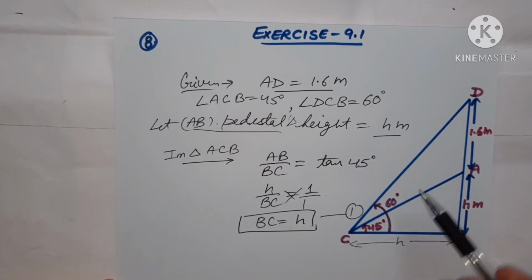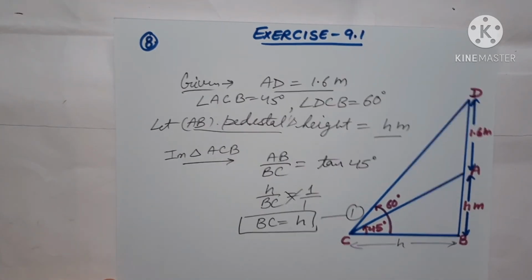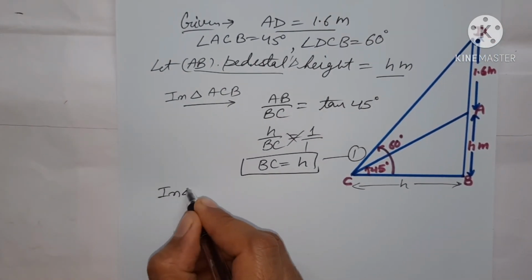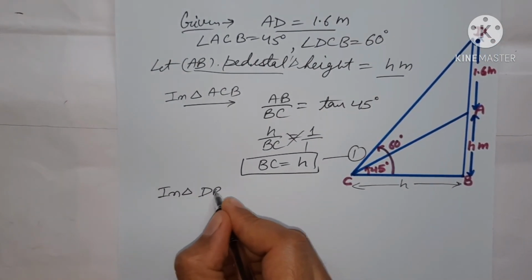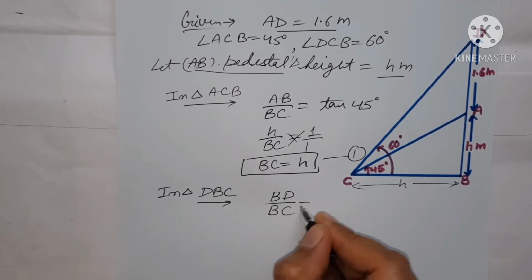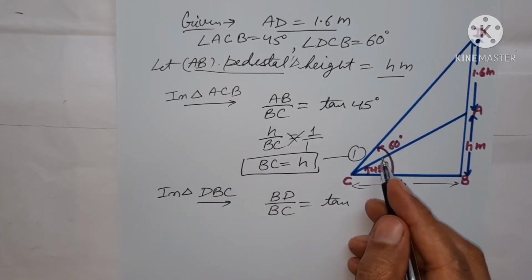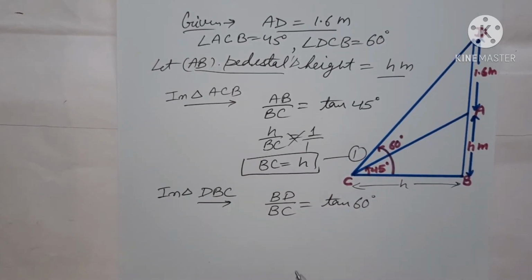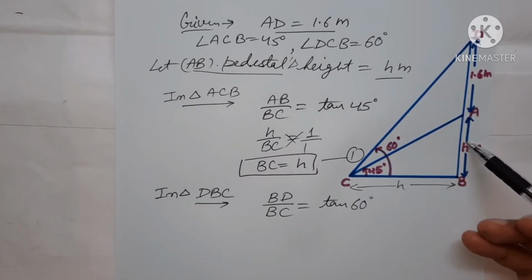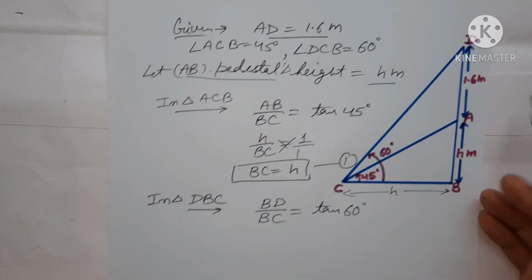Now we will take another triangle, this big one, DCB. So we can write in triangle DBC, BD upon BC is equal to tan 60 degree. So BD is the combination of these two heights, h plus 1.6 meter.